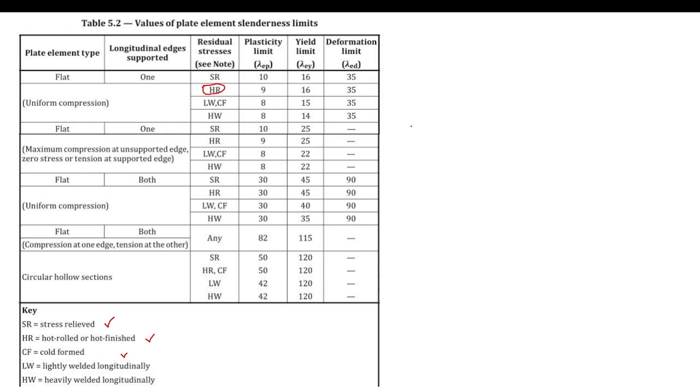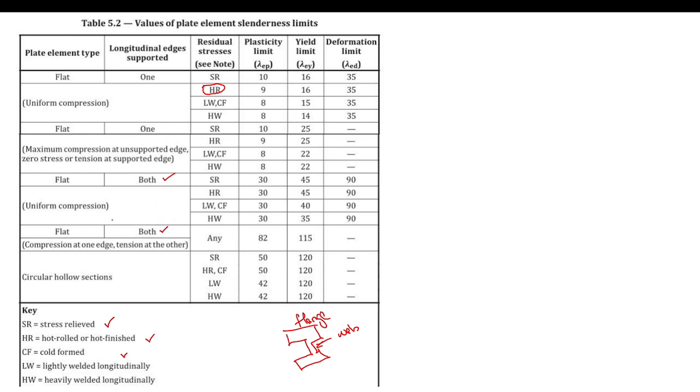Now we have the web and the flange in the I section. The web is supported at top and bottom, so it has longitudinal edges supported on both sides. We have two options for that.